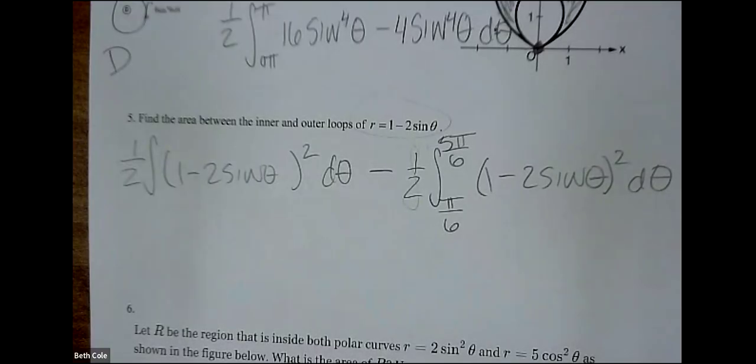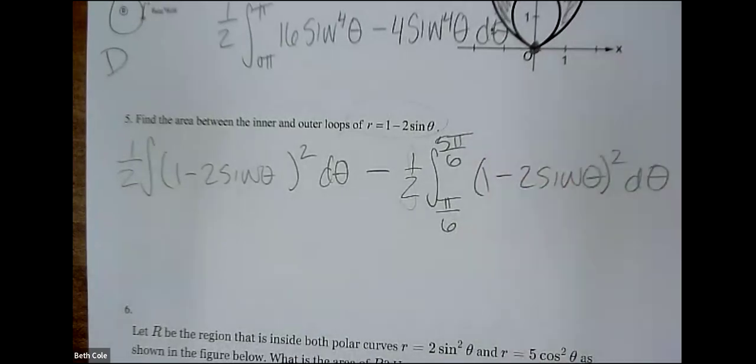The integrand is the same for both of them. They both have a 1/2. We're just going to change the boundaries. I'm going to let that marinate for a second, give everybody a chance to write it down, and then we'll go back and figure out the boundaries for the larger loop. And then we'll put it on the calculator and get an answer.